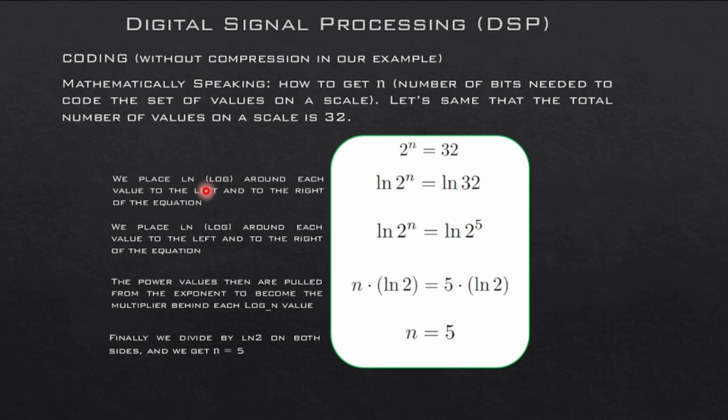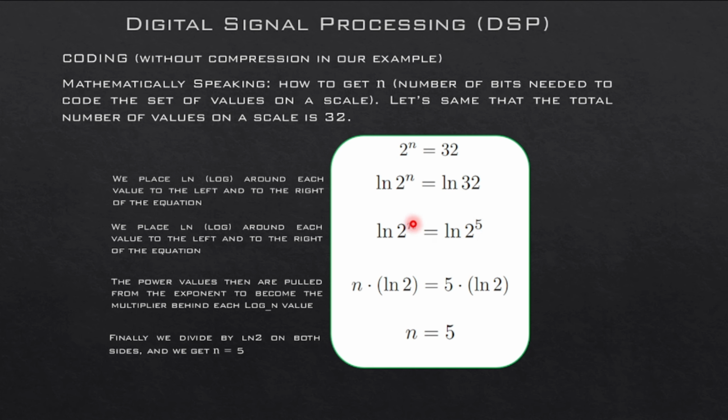First, 2 to the power of n is equal to 32. Second, we place ln, the Neperian log, around each side of the equation. So ln 2 to the power of n is equal to ln 32. Then ln 2 to the power of n gives you n ln 2. And 32 is actually 2 to the power of 5.